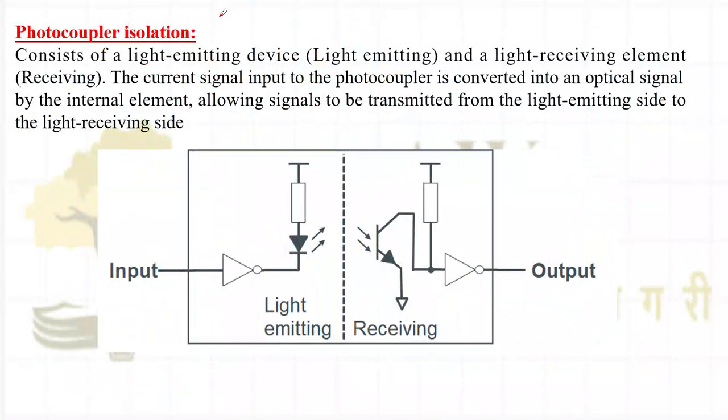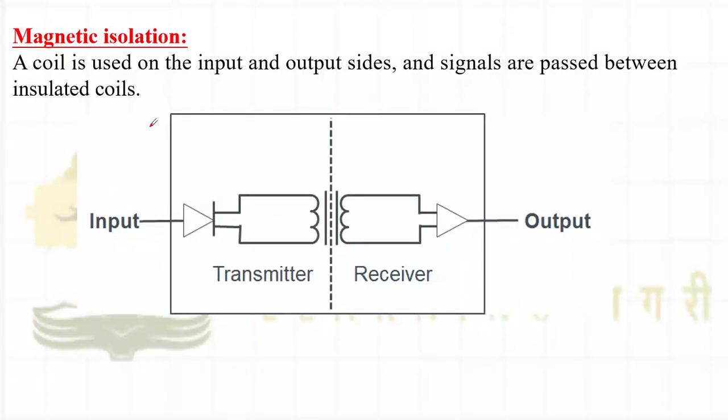The first one is photocoupler isolation. What is photocoupler isolation? Some light emitting diode is there inside, and it emits light. Because of this, the other receiving terminal receives the input and output is generated. So this is photocoupler isolation. The second type is magnetic isolation. Some coil is used, and due to the principle of magnetic induction, the input signal is passed to the output side.